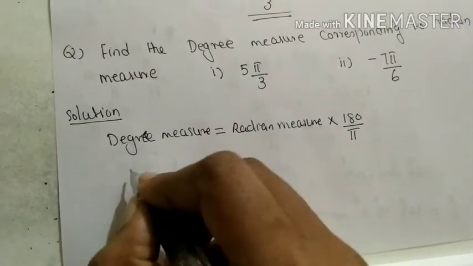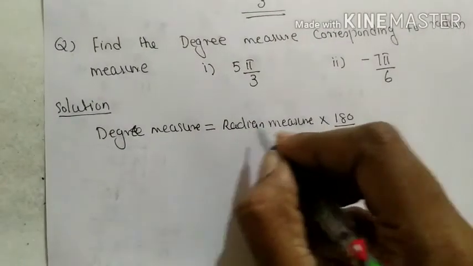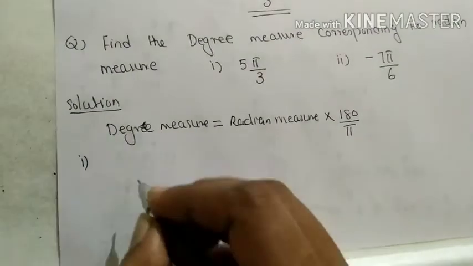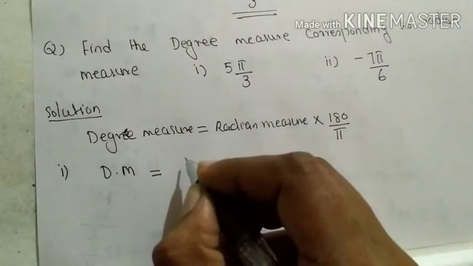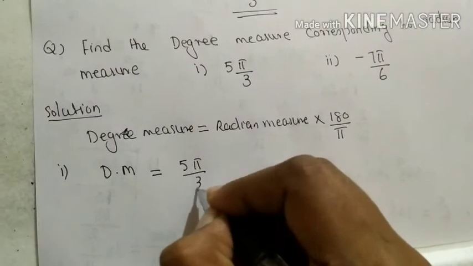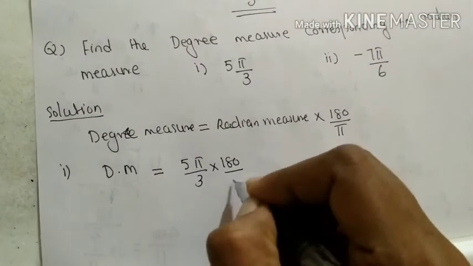So substituting the value of radian measure in the first question, the degree measure is equal to 5 pi by 3 into 180 by pi.